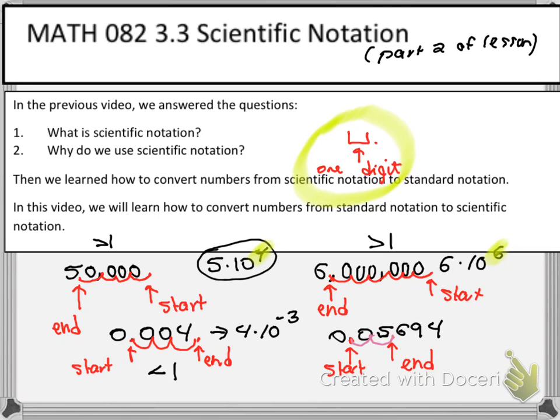I moved the decimal point over twice, so my final answer here is 5.694 times 10 to the negative 2nd power. How did I know that my exponent would be negative? The way I knew is because the number I started with was less than 1.